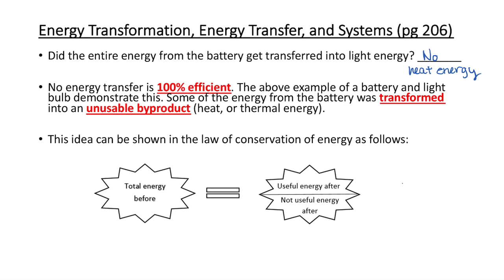The total amount of energy before is equal to the total amount of energy after. But the difference is that not all of the energy is what we wanted. In this case, we wanted light, we got some heat. So the difference is between useful energy, which is light, radiant energy, versus what is not useful, heat, thermal energy.